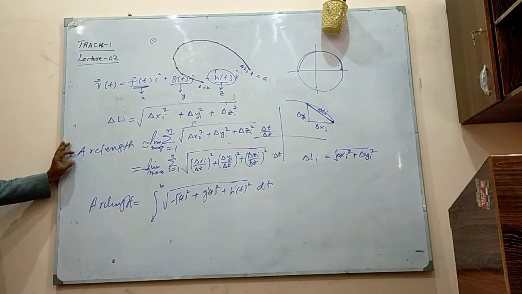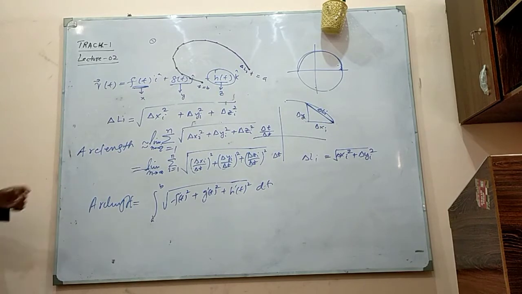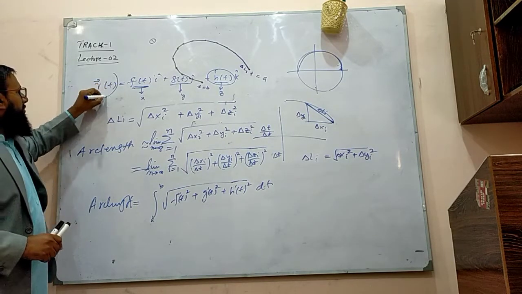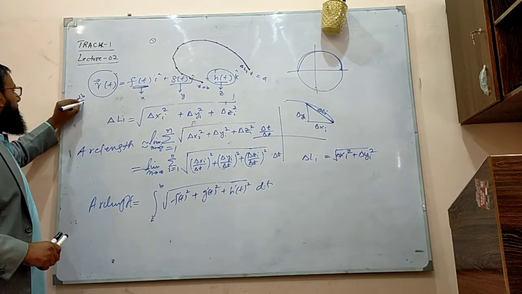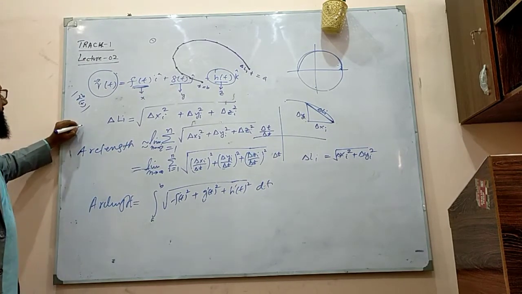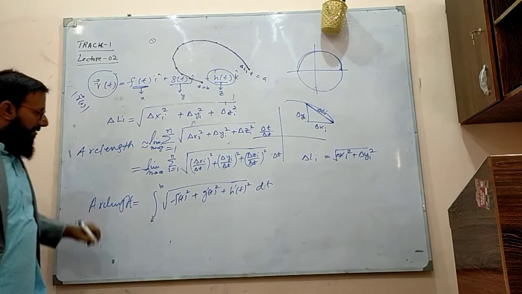In mod form, dr upon dt mod, integration. You call this alpha, and alpha of t, mod, integration dt, not square or square root.